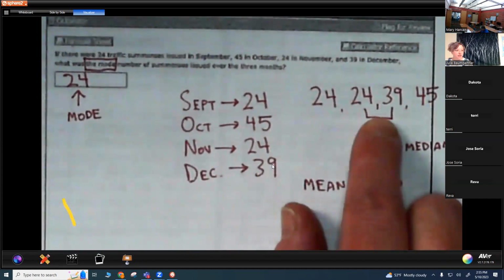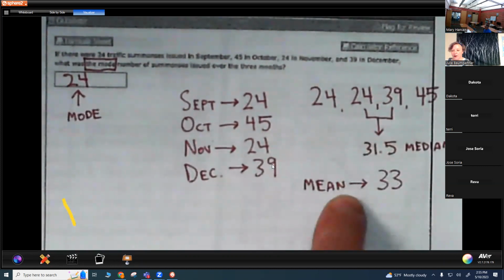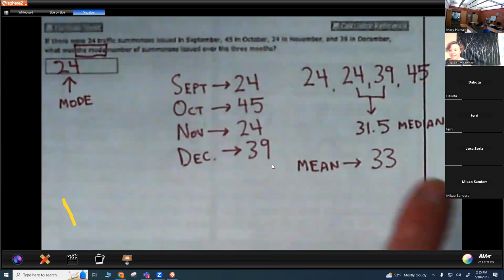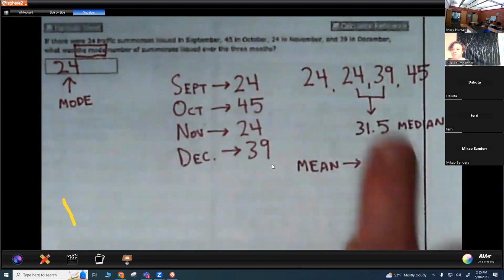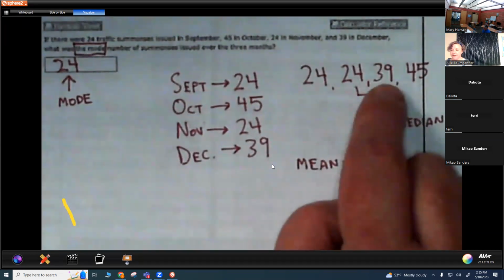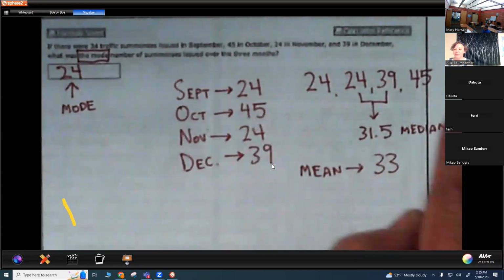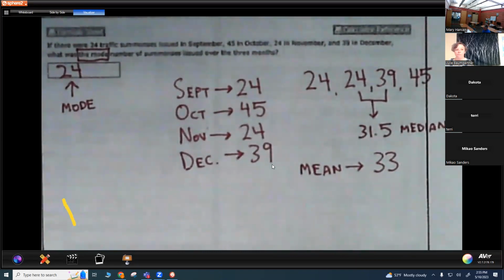Otherwise, you have to average the two middle numbers. To get the mean, you add them all together, then divide by the number of values. So 24 plus 24 plus 39 plus 45 divided by 4 gives you 30.